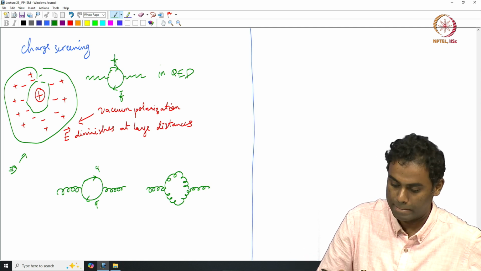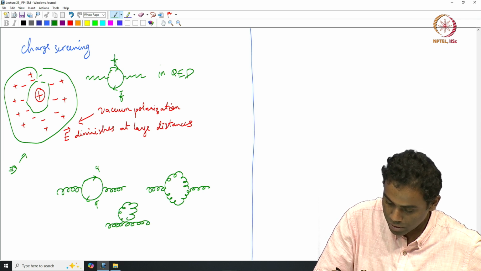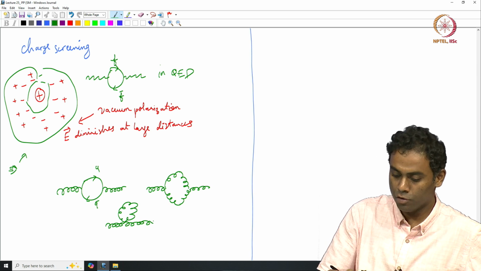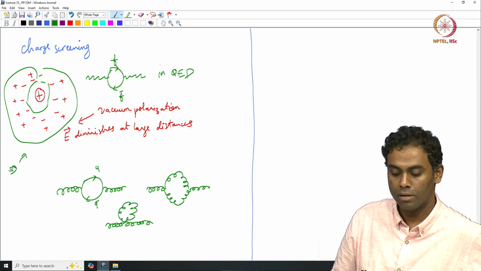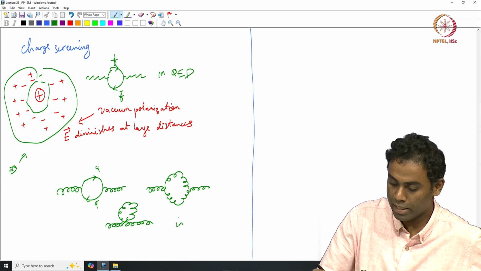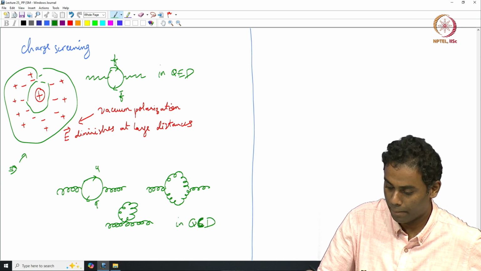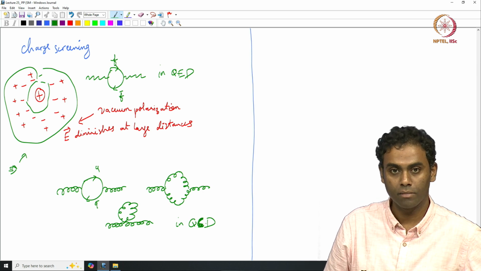What else can I draw? I can make use of the 4 gluon vertex now, right? And I can absolutely draw this also, which was not available to me in QED, because I didn't have a 3 photon and a 4 photon vertex. Sorry, this is in QCD, right?